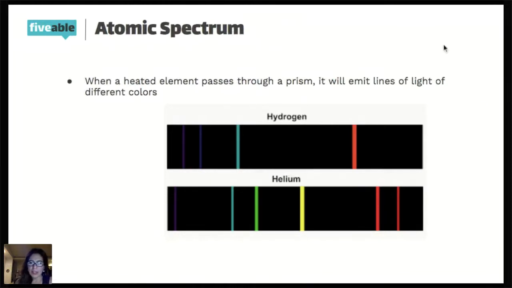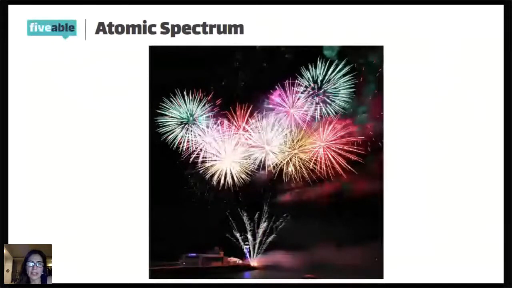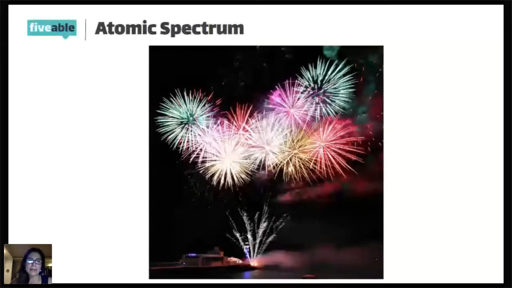Another application is, for example, fireworks. Of course, everybody has seen fireworks. You see that each color is given by a different metal. So fireworks have gunpowder mixed with specific metals. And when the firework is ignited, the metals turn into gas. So what happens?